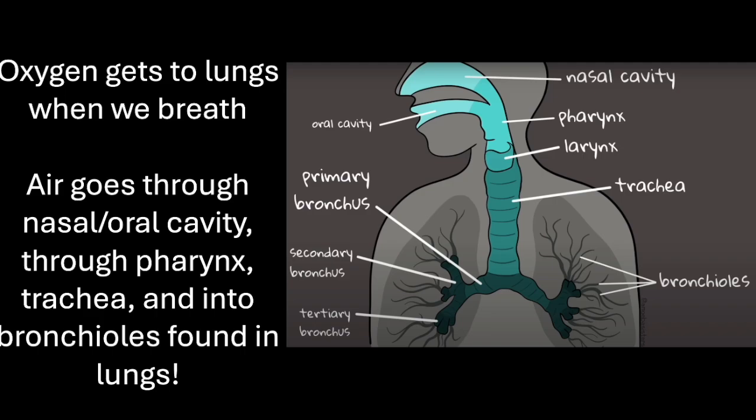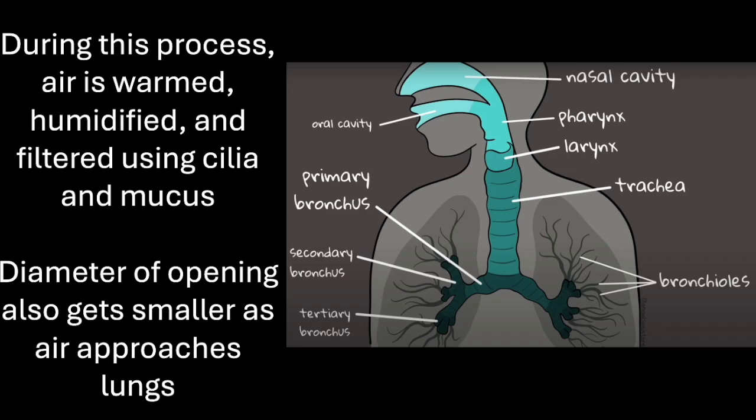Air goes through our nasal canal, through the pharynx, through the trachea, into the bronchioles found in our lungs. And during this process, air is warmed, humidified, and filtered using our cilia and mucus to help remove any particles.